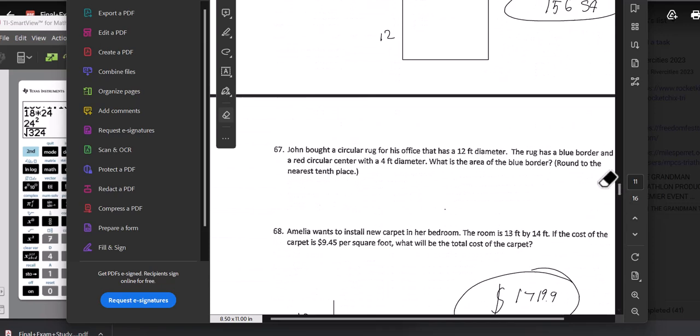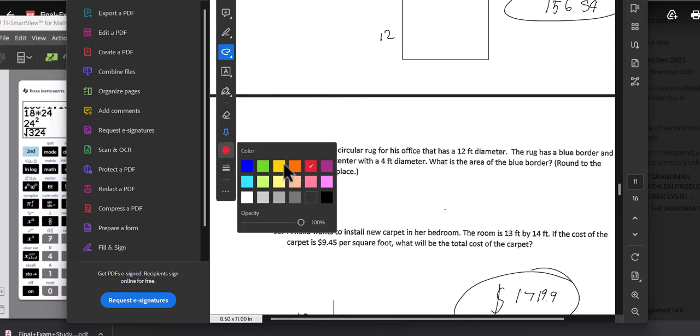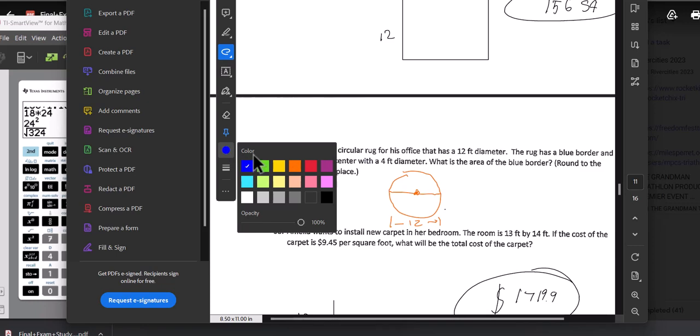John bought a circular rug for his office that has a 12-foot diameter. So diameter is 12 feet. The rug has a blue border and a red circular center with a 4-foot diameter. Well, they should have told me that sooner.